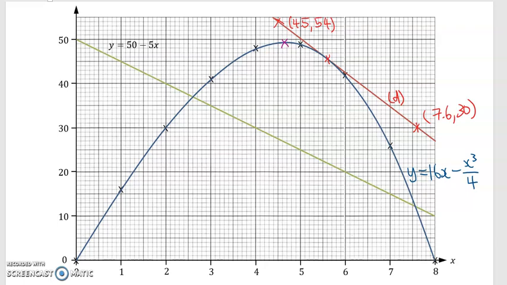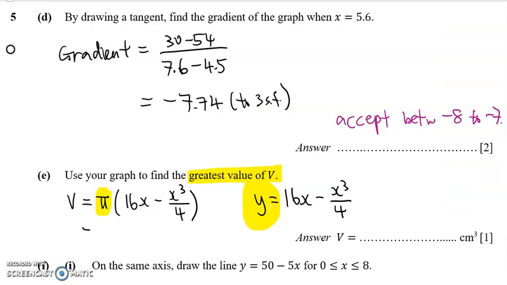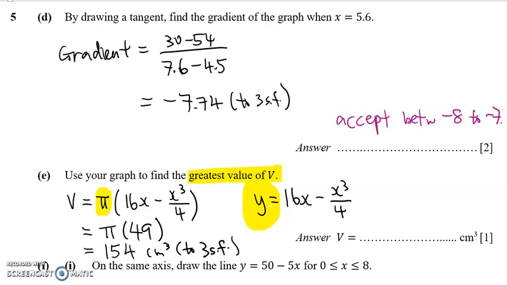So let's say you get 49, then I have to find the largest value of v, which is 49 pi. If yours is 49, you just sub it in and you will get your answer. We actually do accept a range of values for v here, depending on the range of values of y.